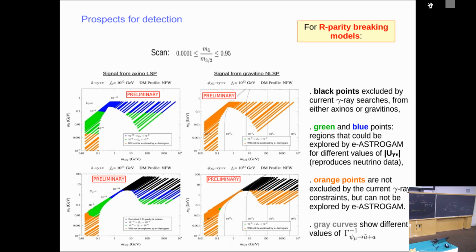So is the rate large enough that you will... We suppose the sensitivity of e-ASTROGAM. This is work in collaboration with Germán Gómez Vargas. He was part of the collaboration. And in principle, we are assuming that is the sensitivity that e-ASTROGAM could have. That is what we assume. But okay, at least for the gravitino, you don't have so much freedom in the couplings, right? No. So I guess it either works for this point in parameter space that you have a large enough rate.